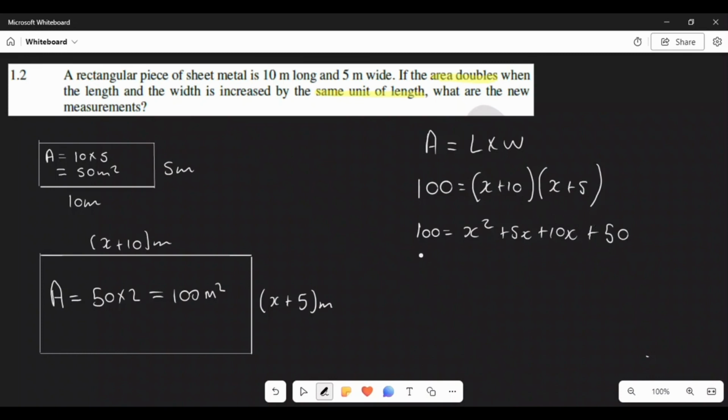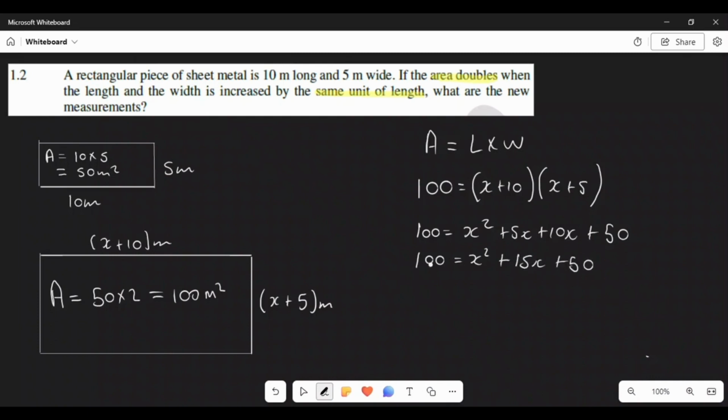So from here we continue, we write x squared, and these are like terms, so 5 plus 10 is going to be 15x, plus 50.